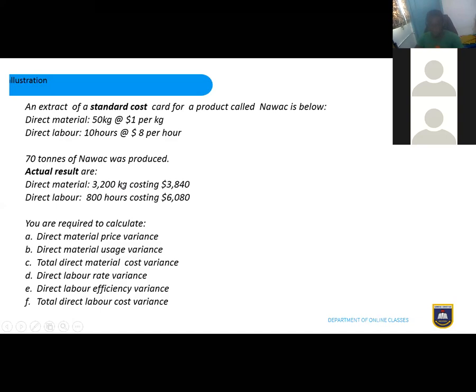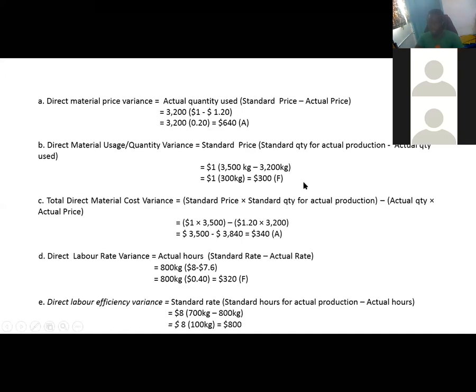You just pick the total quantity that was used during that period, which is 3,200. And then when we come to our solution, this is 3,200 kg.